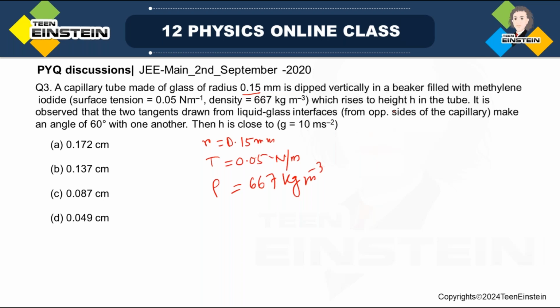Okay, so let me start again, read again from the start. A capillary tube made of glass of radius 0.15 millimeter is dipped vertically in a beaker filled with methylene iodide whose surface tension is 0.05 Newton per meter, and density is 667 kg per meter cube, which also rises to a height h in the tube.